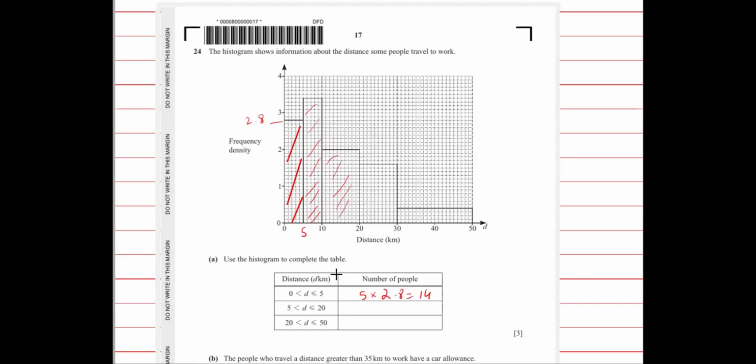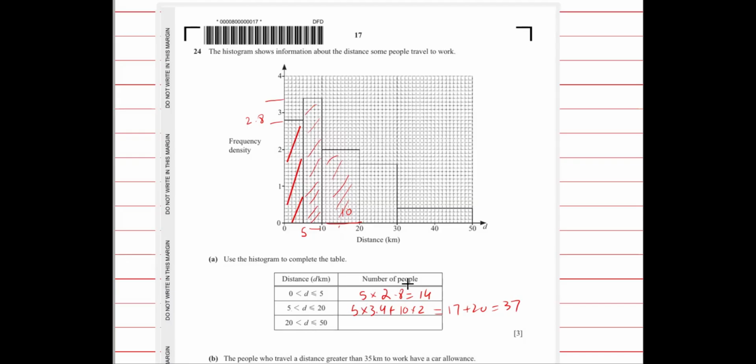The area of the first bar: width here is 5, height here is 3.4, so we write 5 into 3.4 plus, next, the width is 10 and the height here is 2, 10 into 2. Therefore this will be equal to 17 plus 20, and there are 37 people who travel the distance from 5 to 20 kilometer.